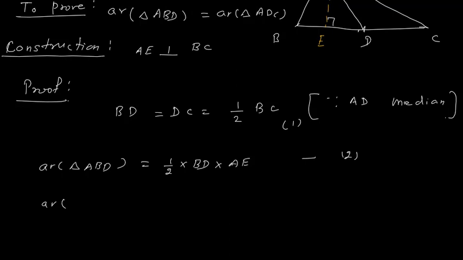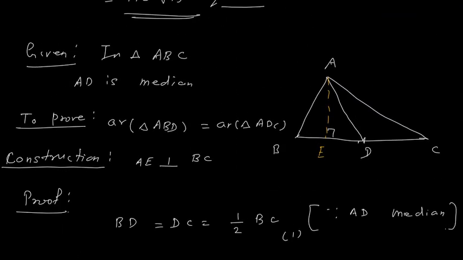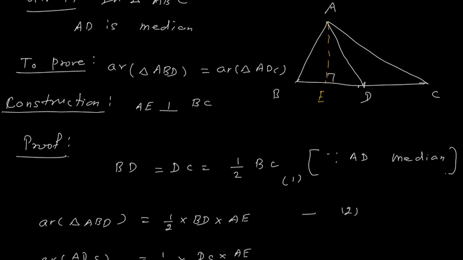Similarly, area of triangle ADC is half into base DC and height AE. Triangle ABD is an acute angle triangle and ADC is an obtuse angle triangle. In an obtuse angle triangle, you will find that the height is sometimes outside the triangle. So AE is the height of triangle ADC also.